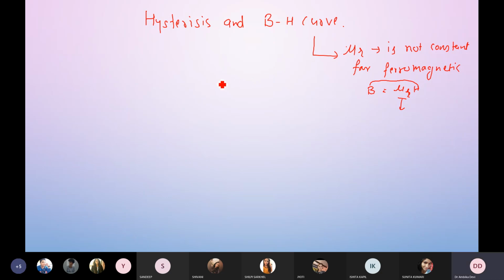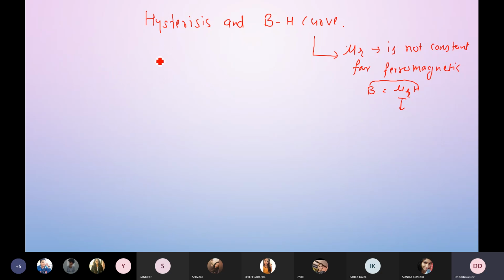In order to see the variation of B with respect to H for ferromagnetic materials, let us place a ferromagnetic substance in the magnetization field, and then we will steadily increase the magnetic field intensity from 0 until the intensity corresponds to some value.